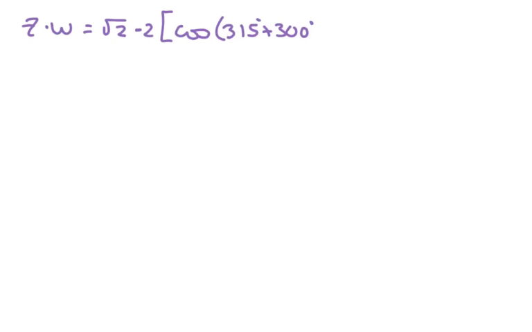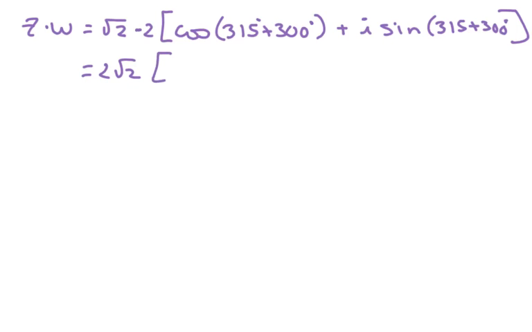These are all degrees. Okay, plus i times sine of 315 plus 300. All right, so what we're going to get is 2 square root of 2 cosine of 615 plus i times sine of 615.